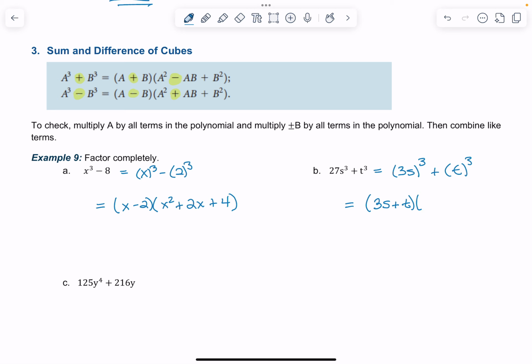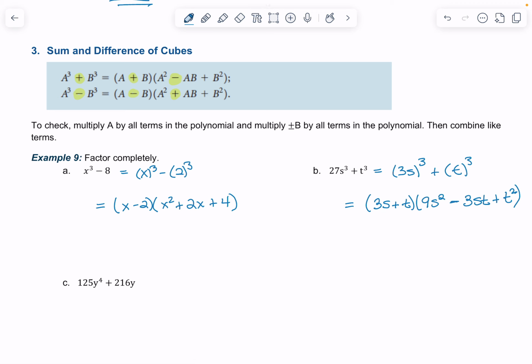Now I do a 3s squared, so I'm going to get a 9s squared minus, because I'm going to do the opposite sign there, my a times b, so I'm going to get a 3st plus my b squared, which is t squared. And that's my answer there.